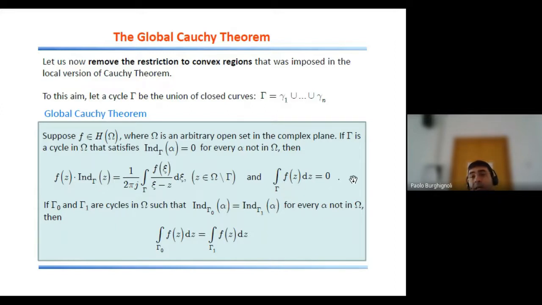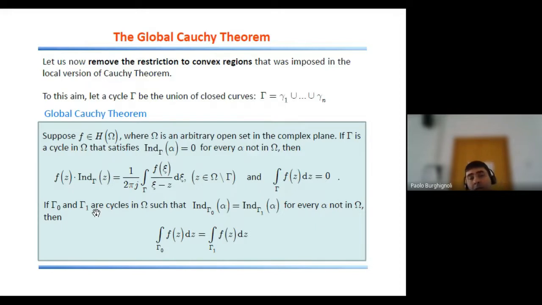So we are extending both the Cauchy integral formula and Cauchy theorem to an arbitrary cycle, so the union of closed curves, without the assumption of convexity. What we need, however, is the assumption that this cycle gamma does not wind around points outside omega.